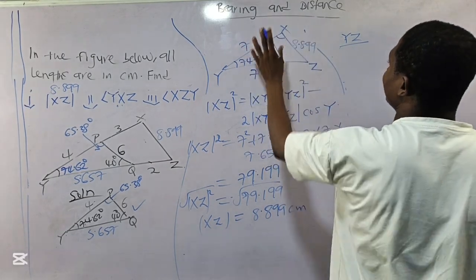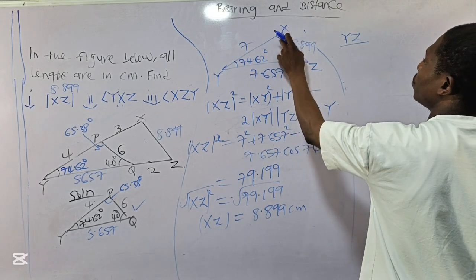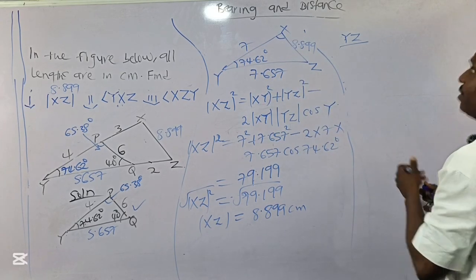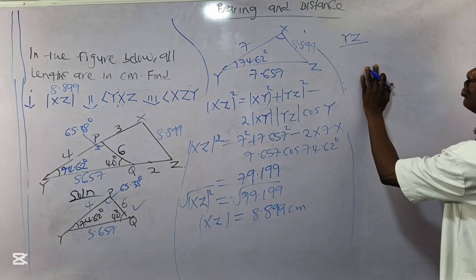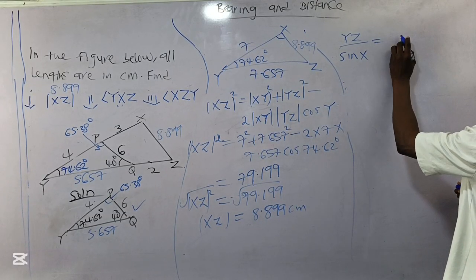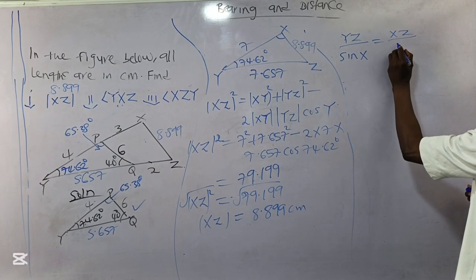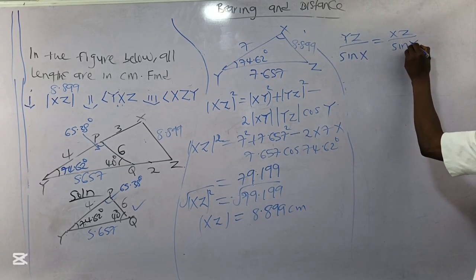Remember, we know the three sides, so we can use the cosine rule to get the three angles. So we have YZ all over sine of X should be equal to XZ all over sine Y.